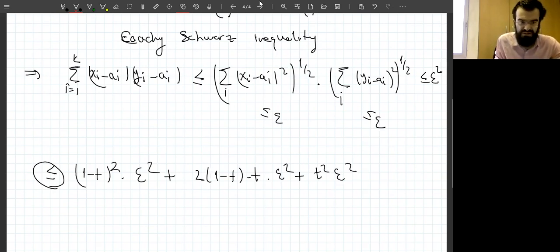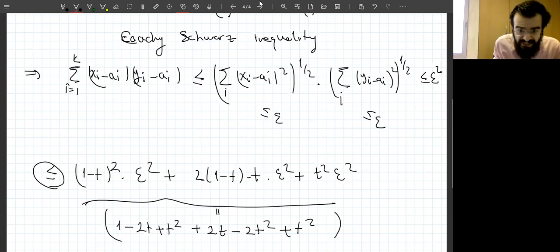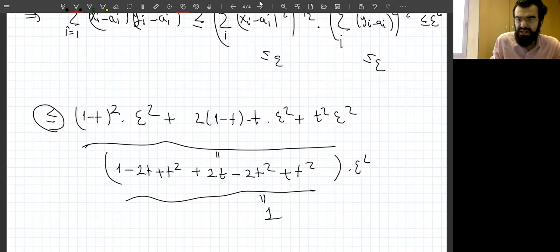If we add this guy, 1 minus 2t plus t squared, plus 2t minus 2t squared, plus t squared, so times this guy equals 1, so this part equals epsilon squared.